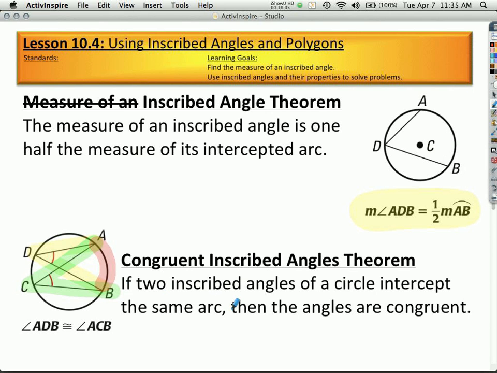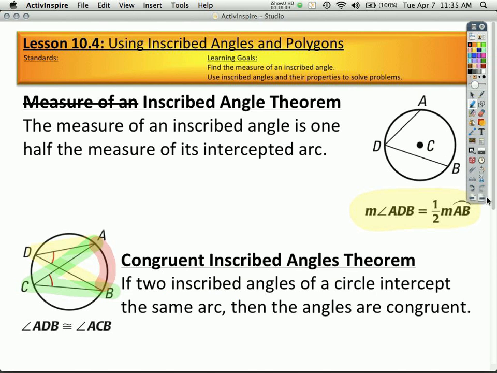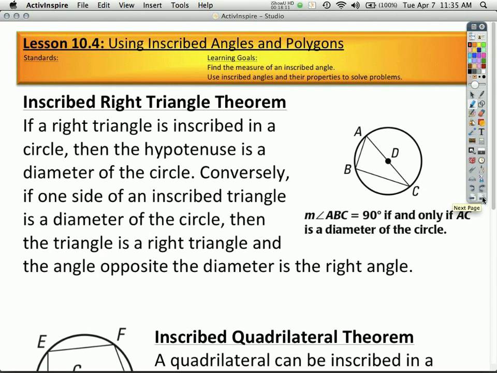Any questions about just the wording and the basics? Again, we're going to utilize this idea to solve problems, another tool in our toolbox. Now inscribed polygons, two that we're going to explore today. The inscribed right triangle theorem.